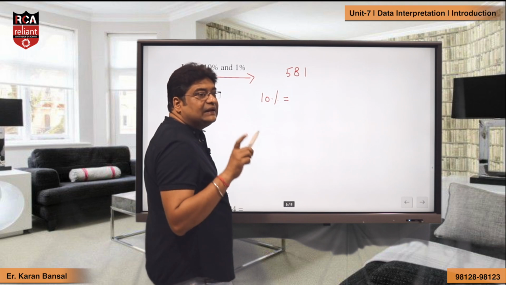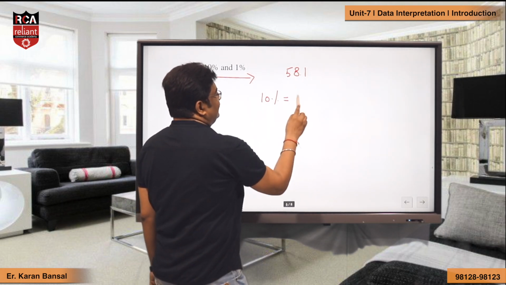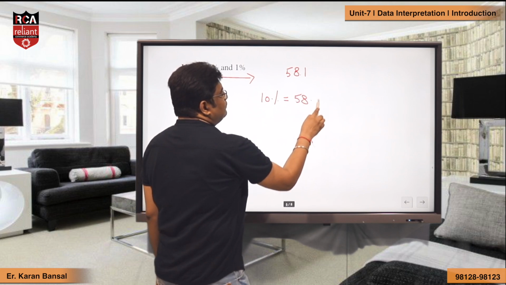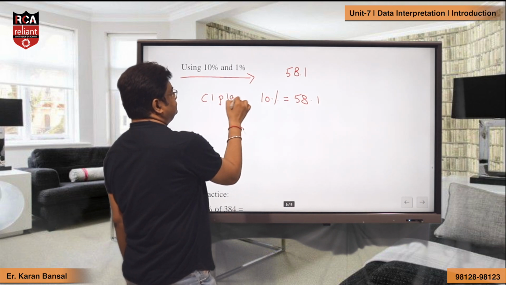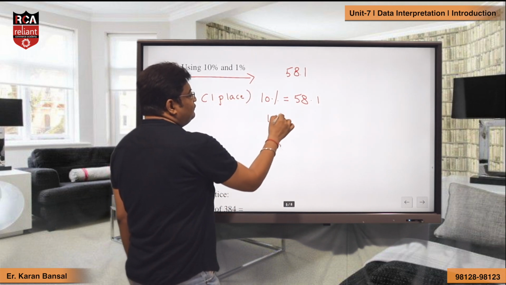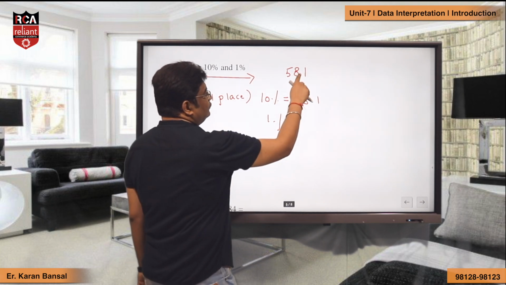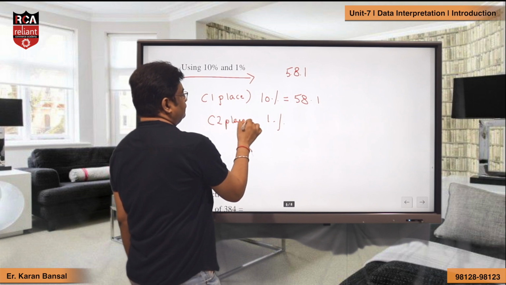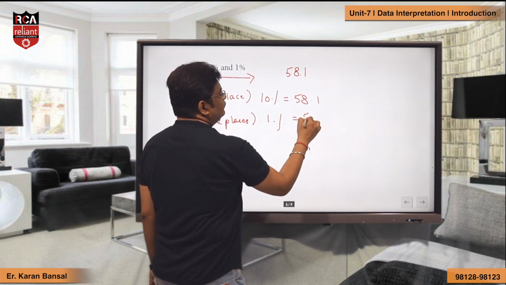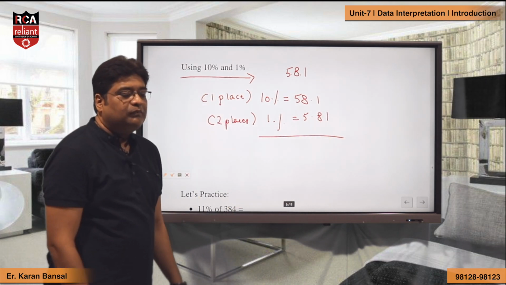You just have to place the decimal one place from the right hand side. So 10% becomes 58.1. Similarly, for 1%, you place the decimal two places from the right. So 1% becomes 5.81.